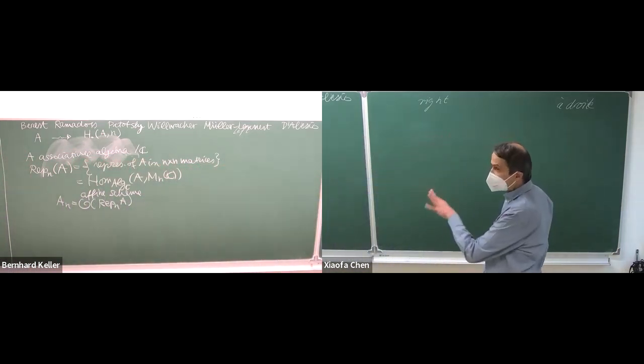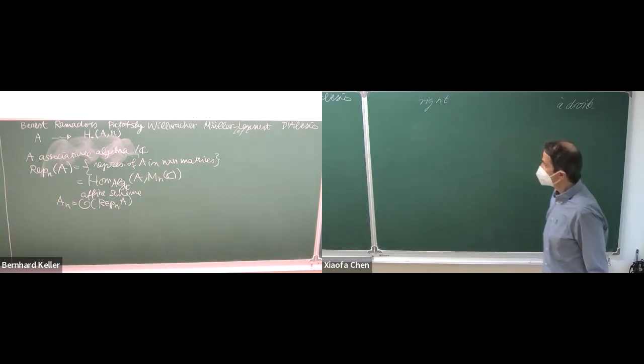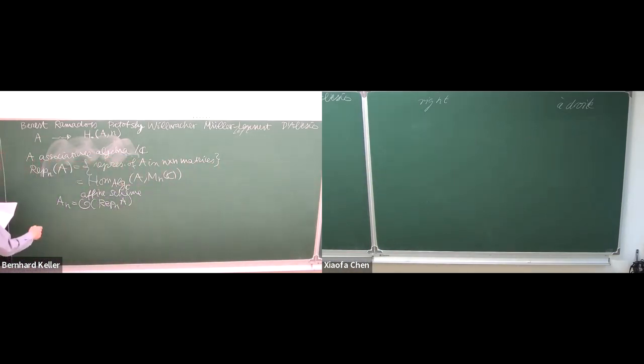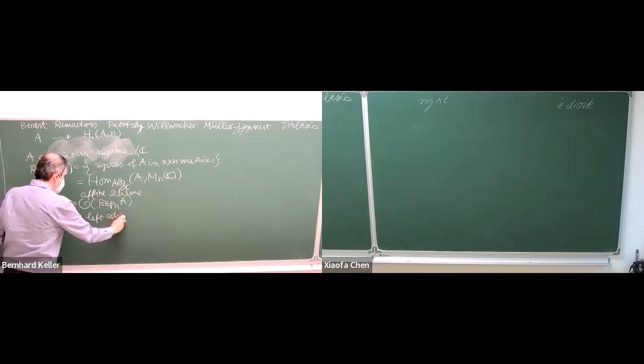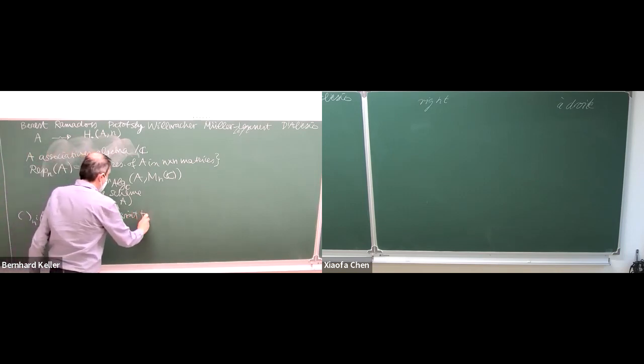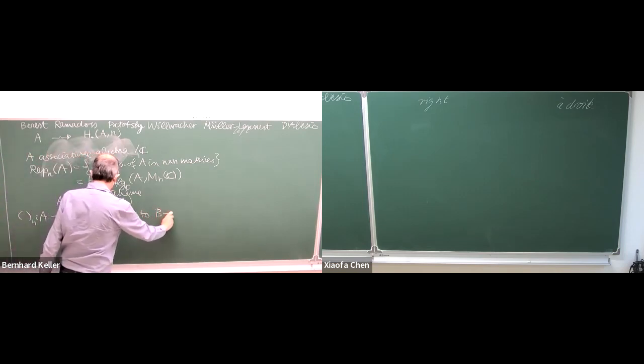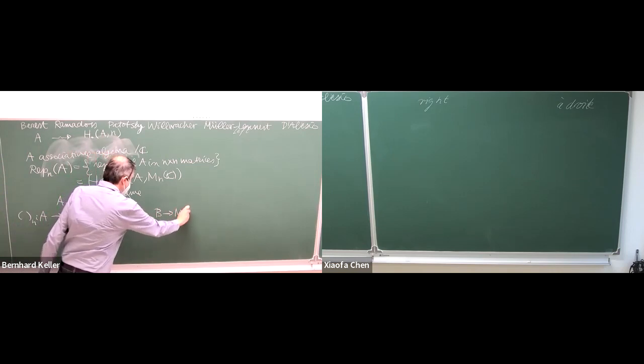So I will describe this in the examples, but let me just give the official definition to be precise. The functor from A to A_n is left adjoint to n by n matrices in B. What does it mean?